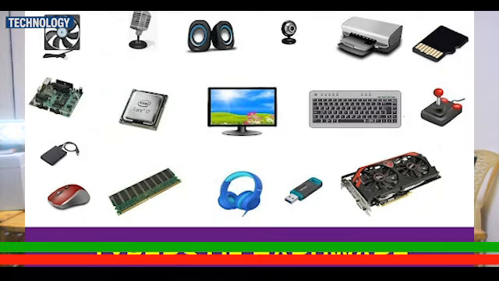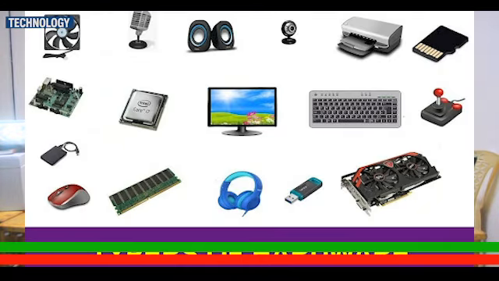So we have parts of the computer which make the technology. So the main parts of the computer are what we are going to learn today. So what are the parts of computer technology? We have hardware. What is hardware?